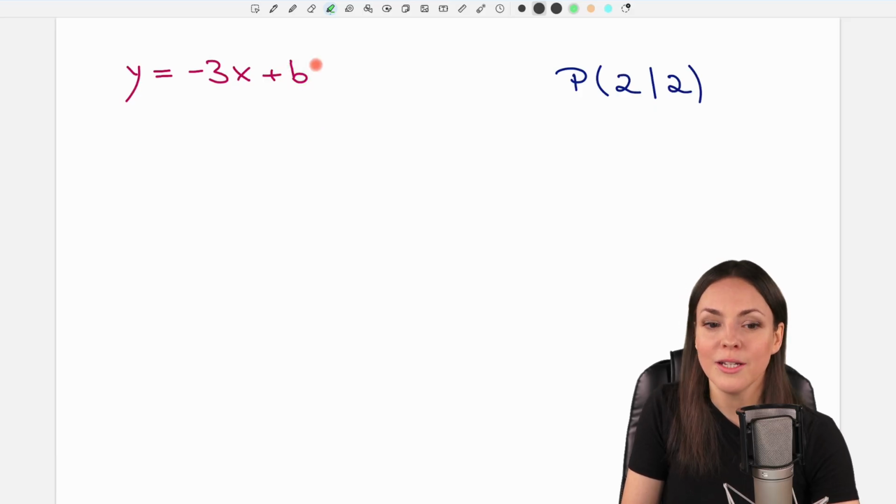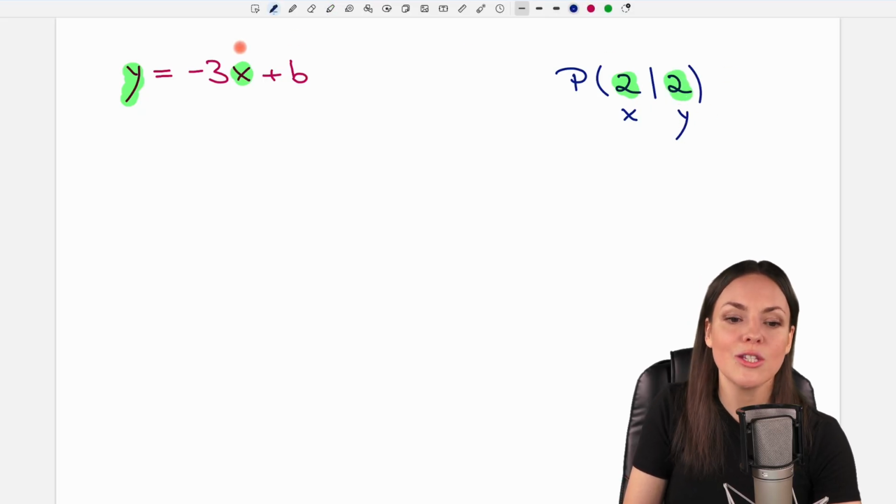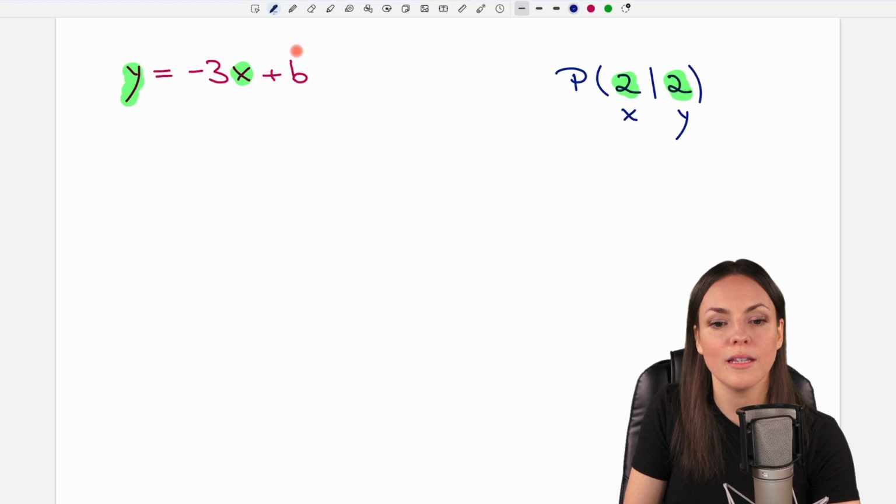How can we do that? Well, we have x in here, we have y in here, and from our point we have an x coordinate and a y coordinate, and we can insert them in our equation and then find b. So instead of y, we take the y coordinate, it's the 2, and insert it here.